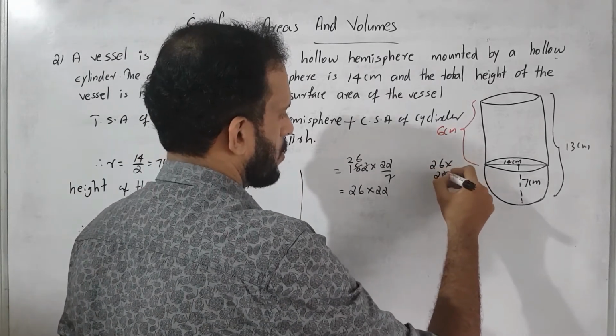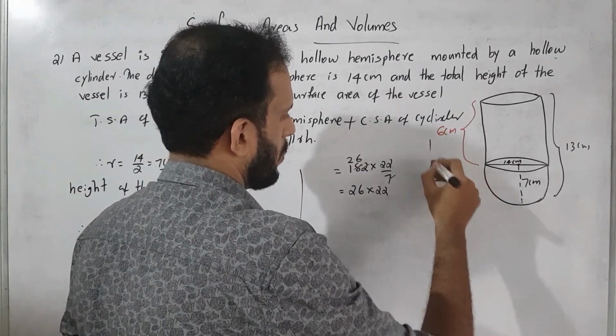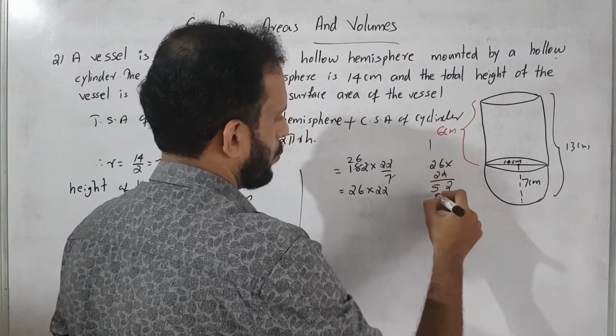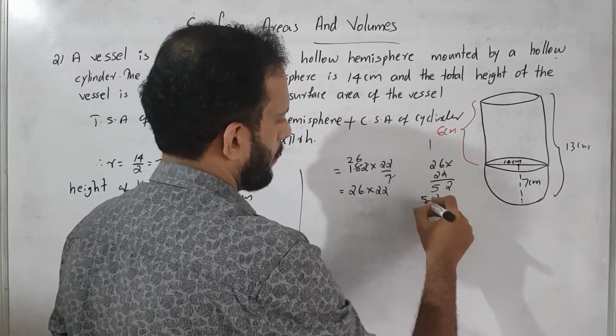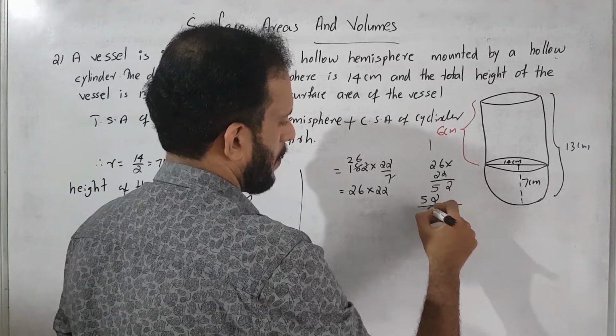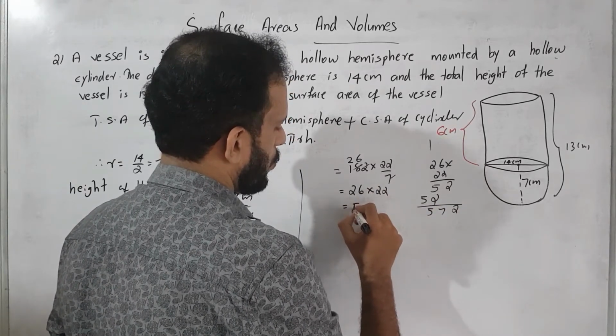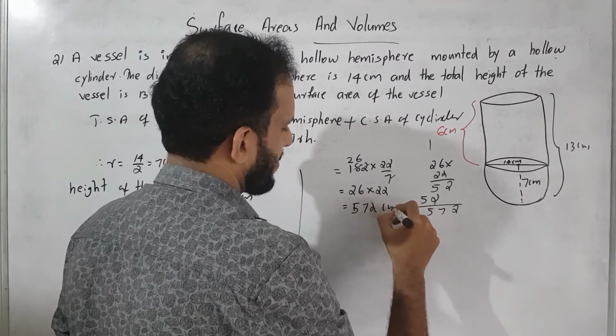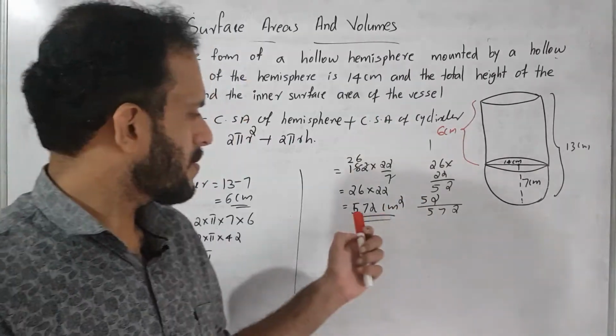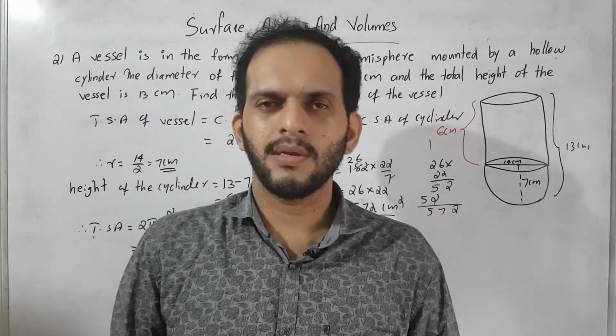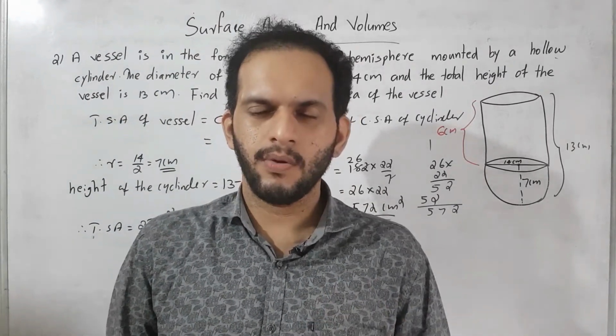What do we get? 572 square centimeter is the inner surface area of the vessel.